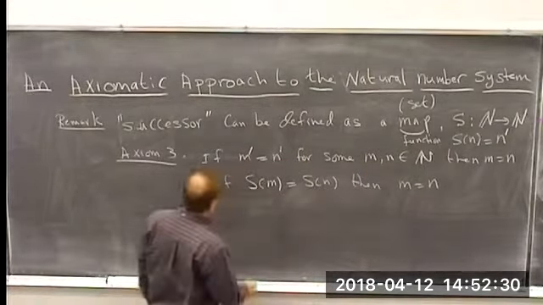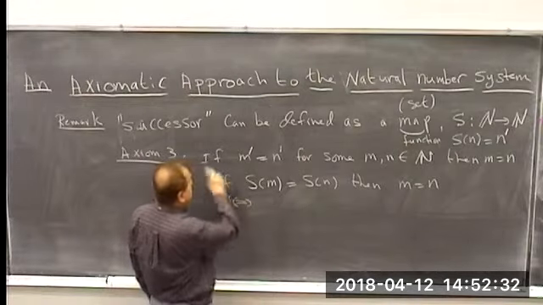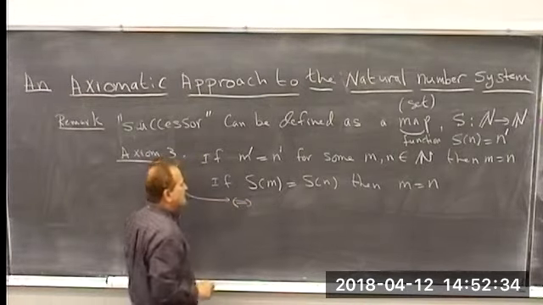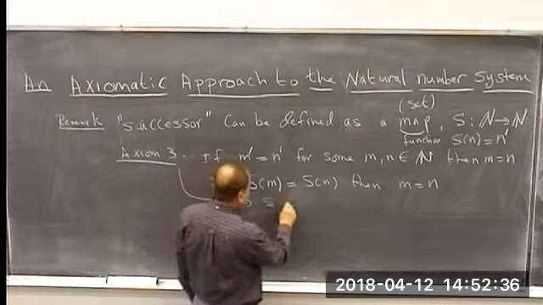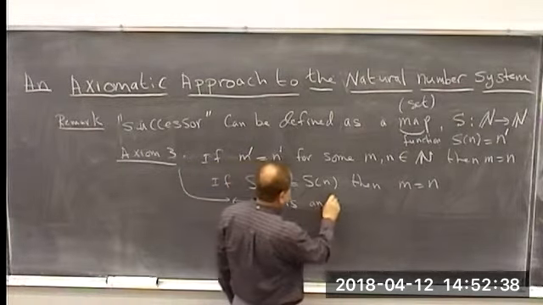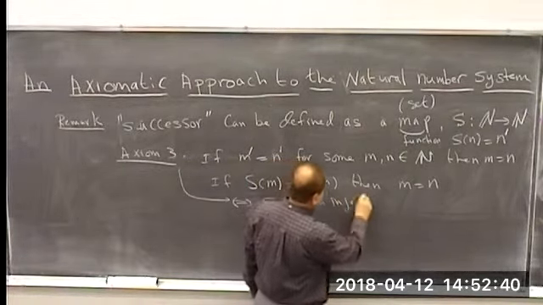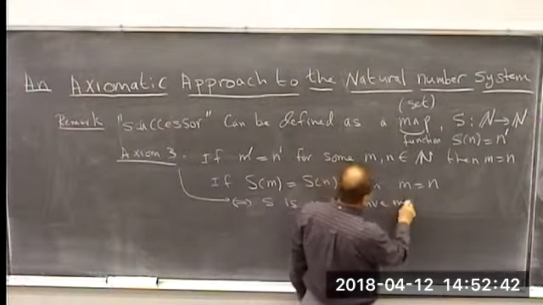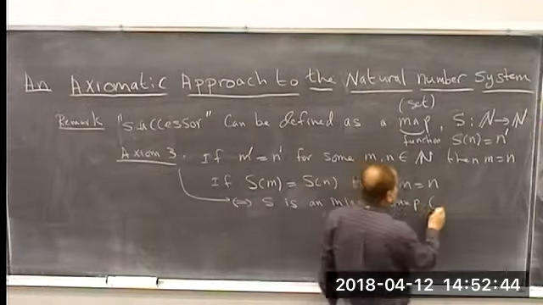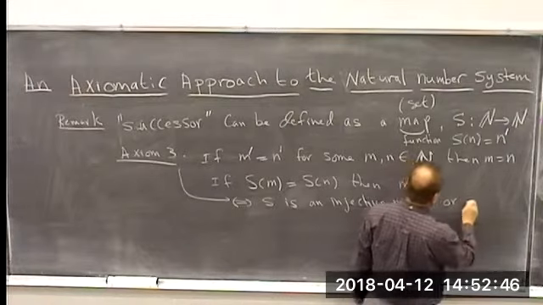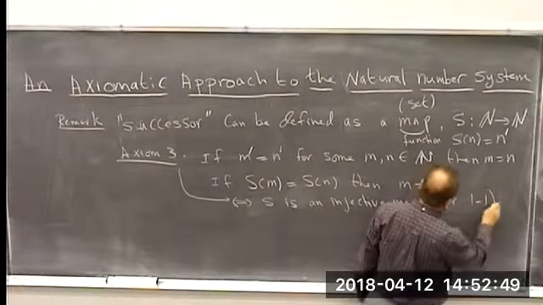Because that's the way we denote the successor, S of n really means the successor of n. So this axiom 3 is equivalent to saying that S is an injective map, or function, or we call it one-to-one.